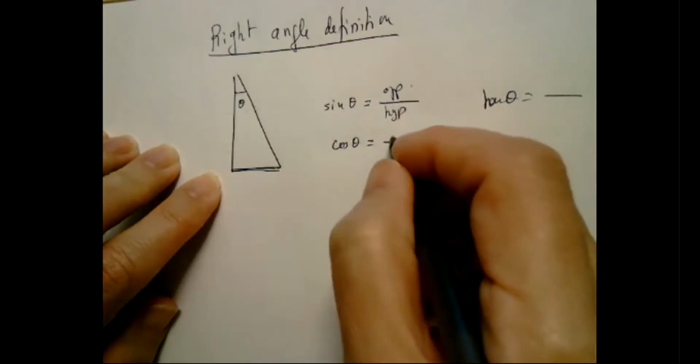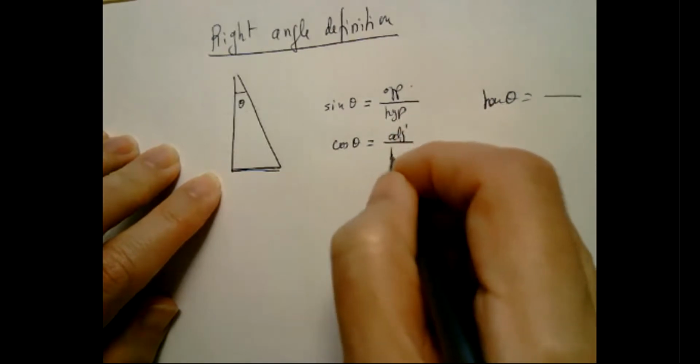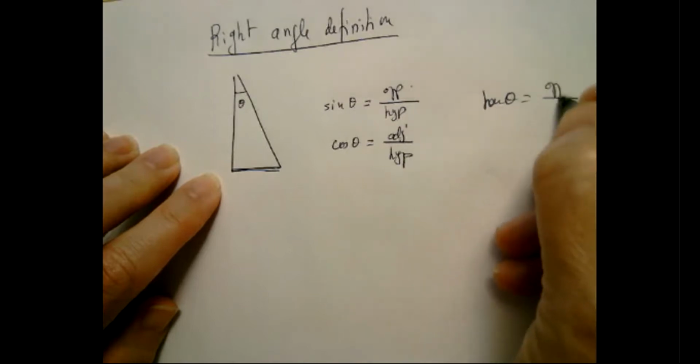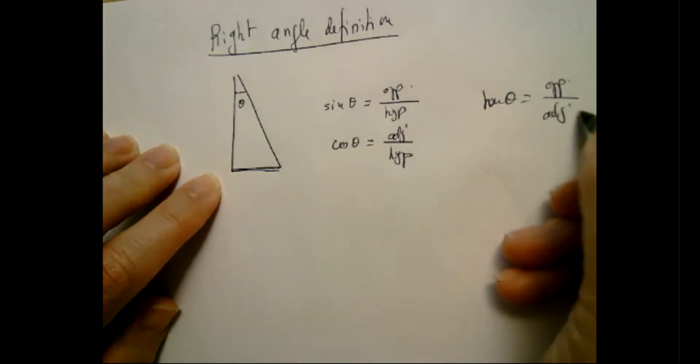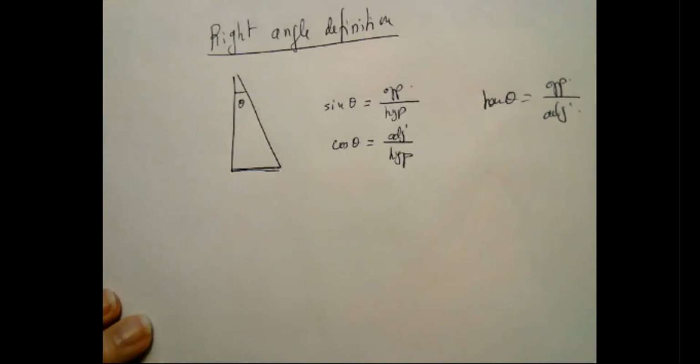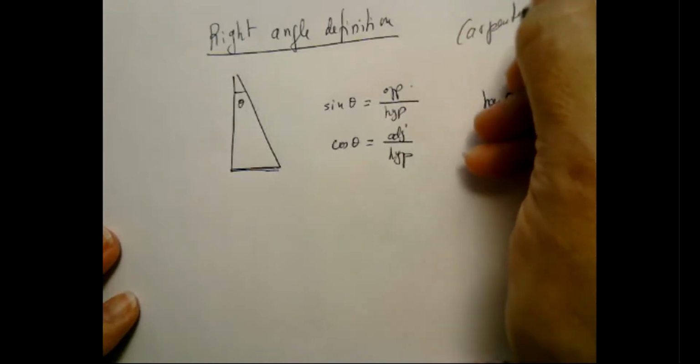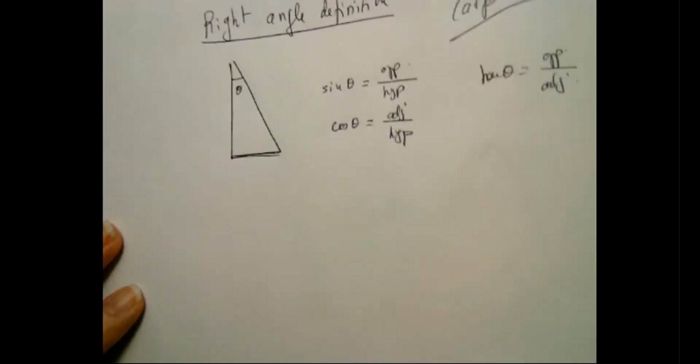The cosine is the adjacent over the hypotenuse. The tangent is the opposite over adjacent. And there are also secant and cosecant. I'll talk about that later. That's the right angle definition. Sometimes this is called the carpenter's definition, because that's what the carpenter used for sine and cosine.